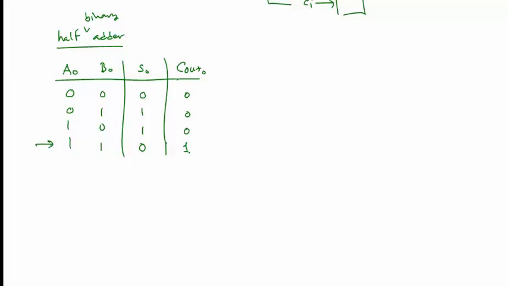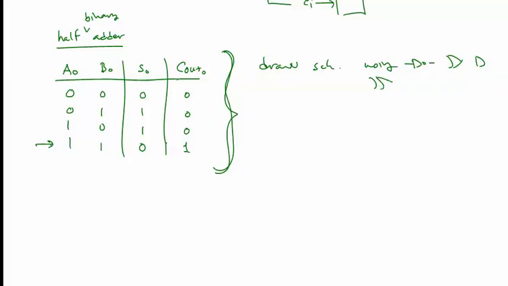Okay. Now you're going to draw a schematic of this, right? Using nots, ors, ands, and then I've also told you can use exclusive ors. Okay, and just to show you this right here, look at S0.